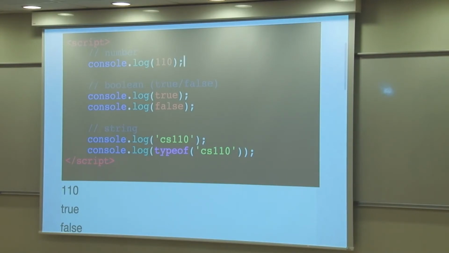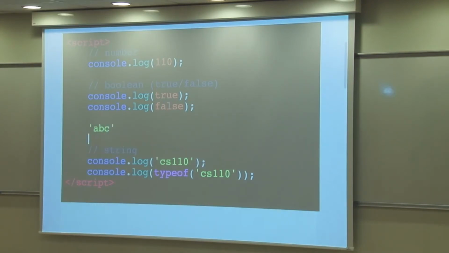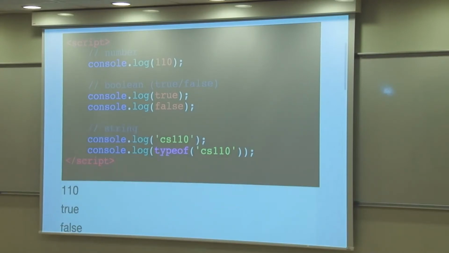We also have Booleans, true or false, and we have strings. There are two ways to create a string. You can use single quotes like this, ABC. That's a string. Or you can use double quotes like that. Both of these will make a string, text, if you will. In this case, I'm printing the text CS110.